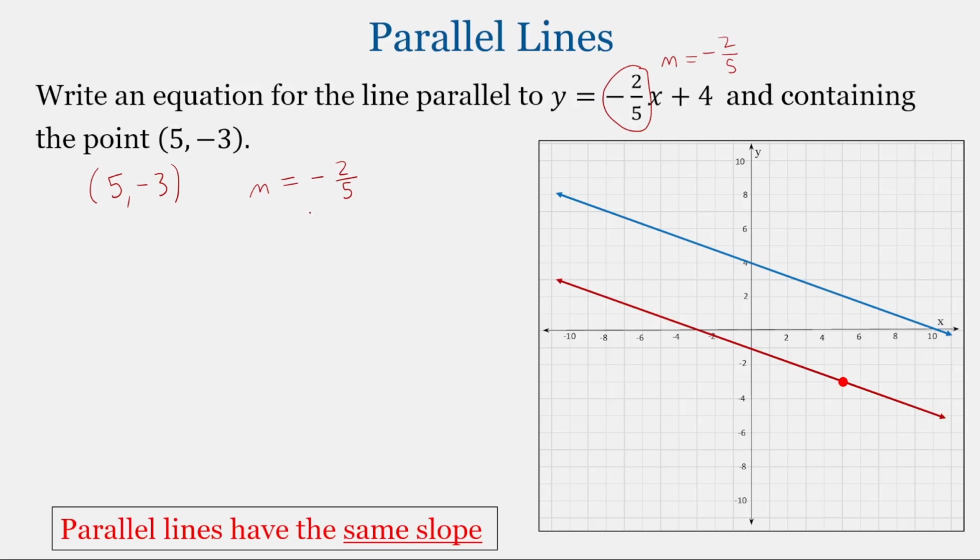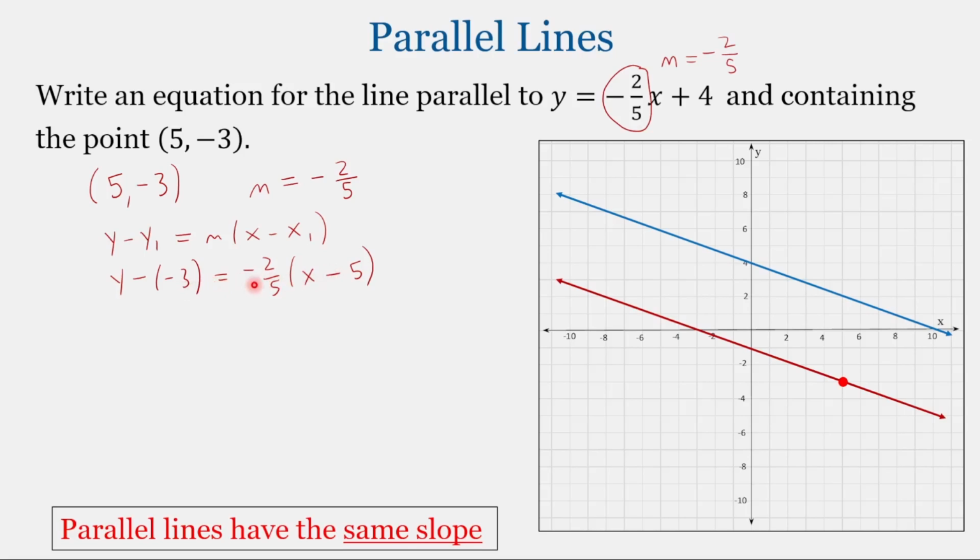Now with this information, there's a couple of ways we can write an equation. I'll go ahead and use the point-slope formula. So y minus y sub 1 equals m times x minus x sub 1. So this is y minus a negative 3 equals -2/5 times (x minus 5).